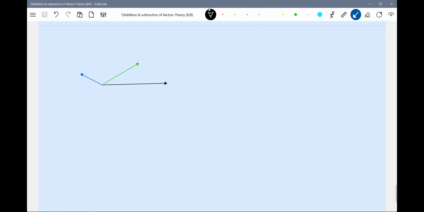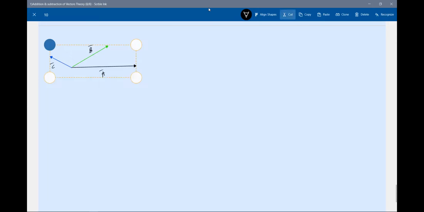I want A bar plus B bar minus C bar, using the triangle law only. First shift the B bar, keeping C bar as it is.